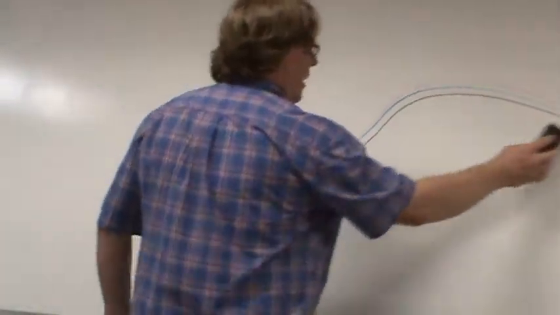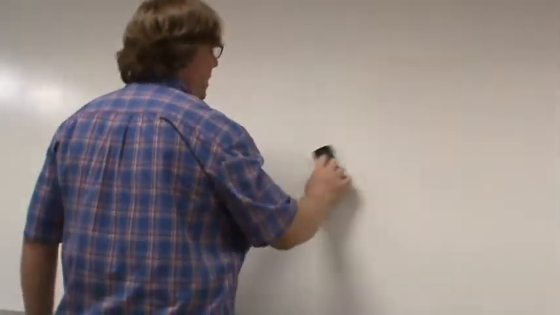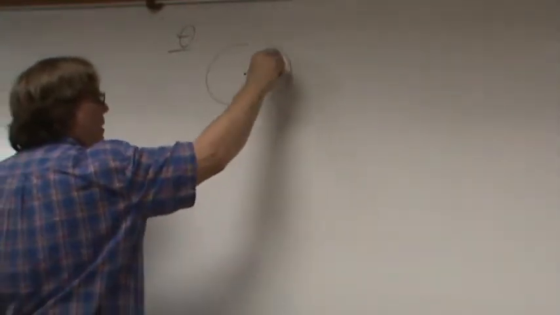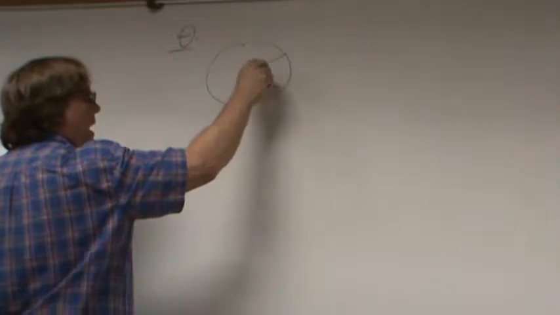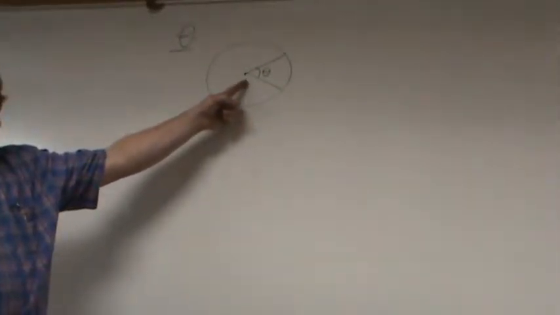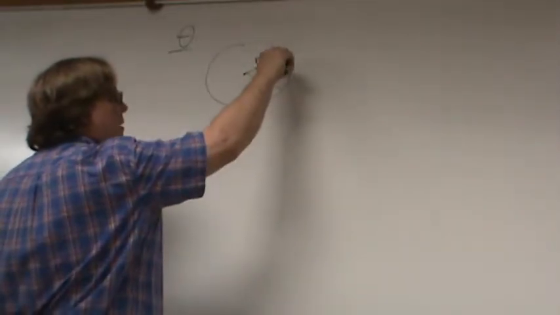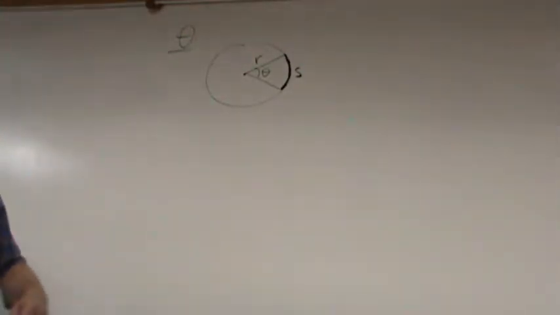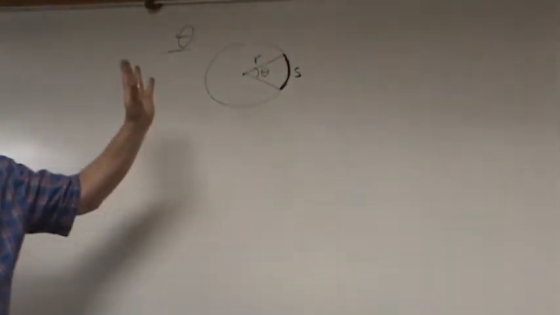Let me show you what I'm talking about with that. Imagine I have a circle, and imagine I have a central angle theta of the circle. That is an angle whose vertex is the center of the circle. Imagine the circle has a radius r, and that the central angle theta subtends an arc whose length is s. That is the linear length of that arc, not the angular measure of the arc.